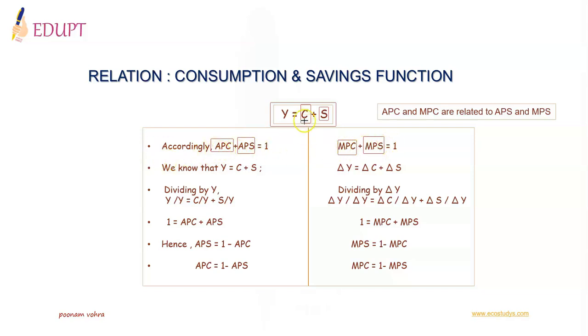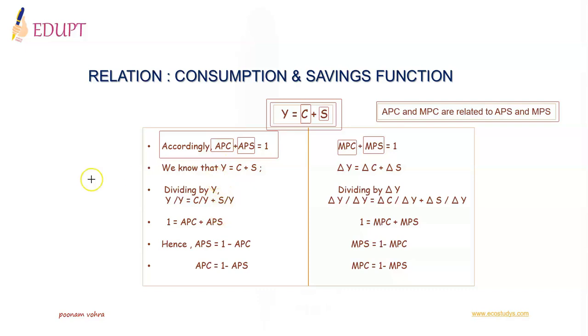Now we need to establish that APC and MPC are related to APS and MPS. How are they related? Going by this equation, if we talk of average propensities, it is average propensity to consume and average propensity to save is equal to 1.